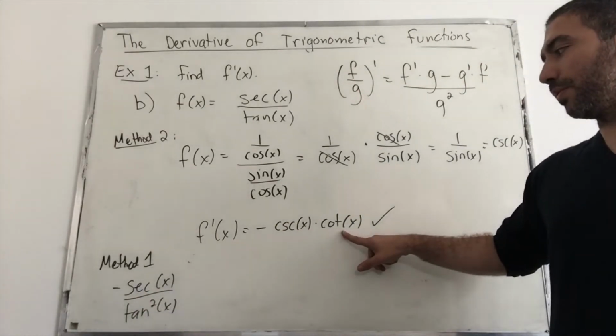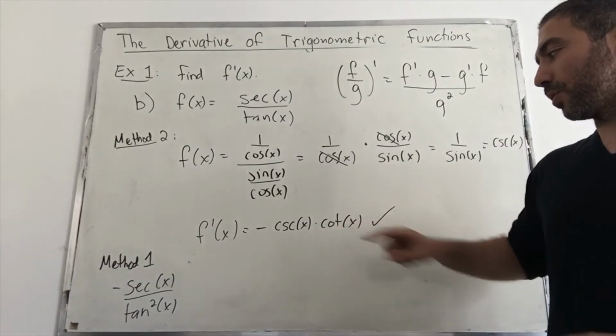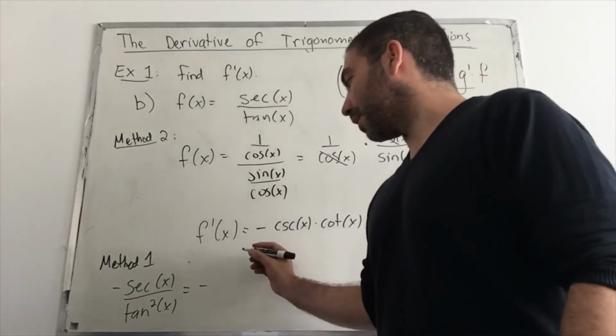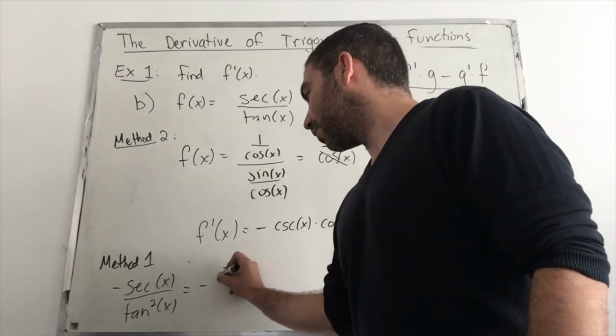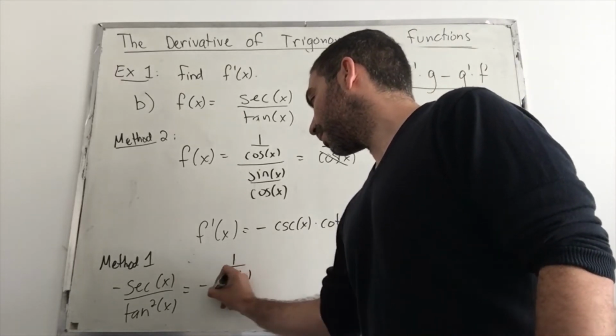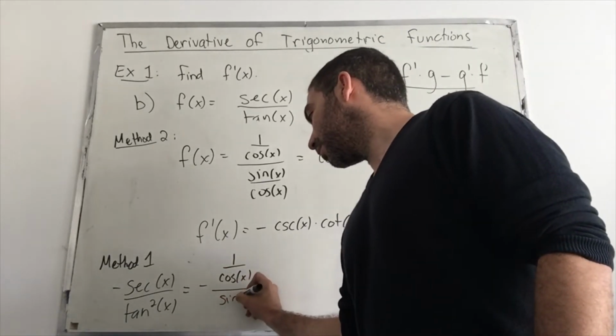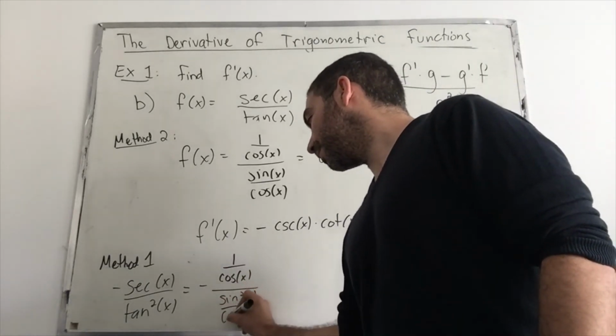We want to show that this is equivalent to negative cosecant times cotangent, so let's go ahead and do that. So secant could be rewritten as 1 over cos, and tan squared could be rewritten as sine squared over cos squared.